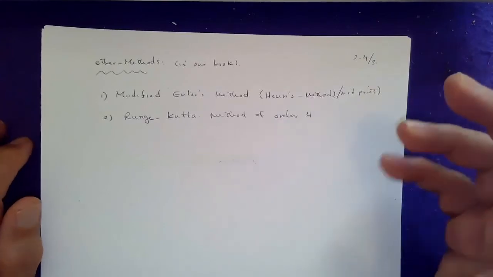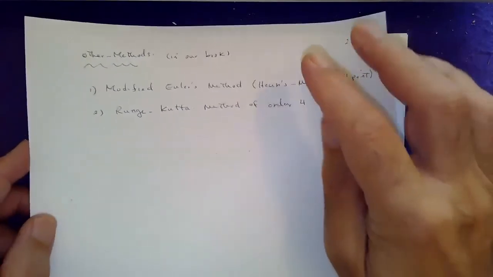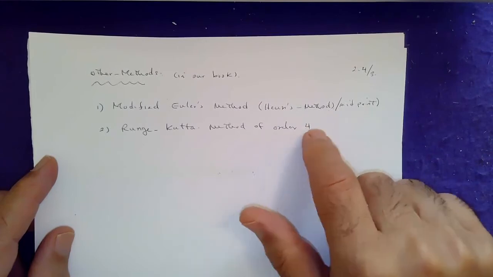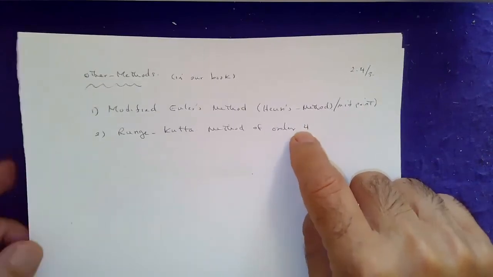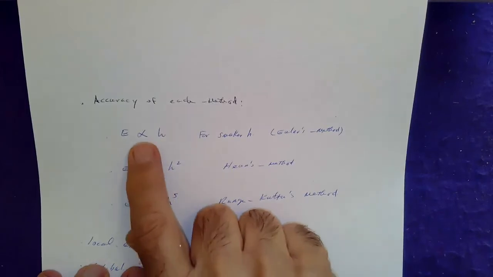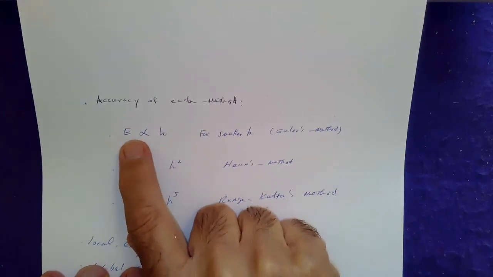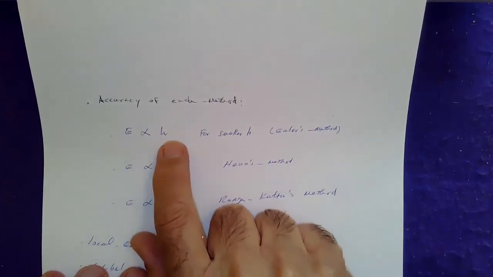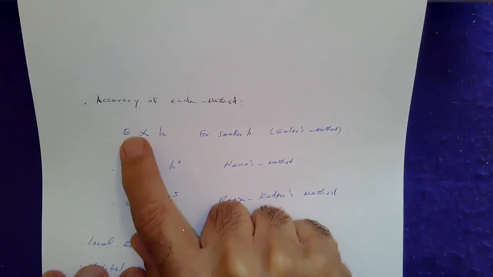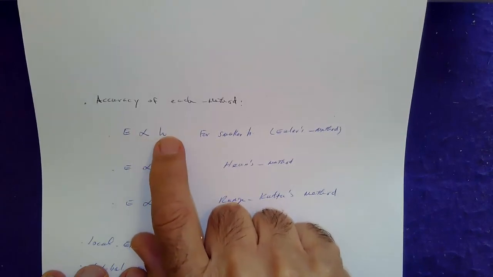So just to get a feel for how accurate these three methods, Euler's, modified Euler, and Runge-Kutta method of order 4 are, here is the accuracy of each method. In Euler's, the error is proportional to the step size. Whatever the step size is, the error is about equal to the step size.